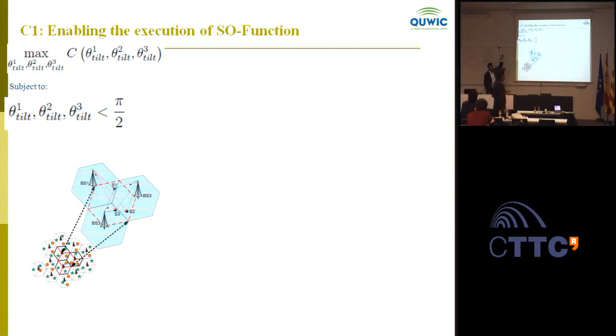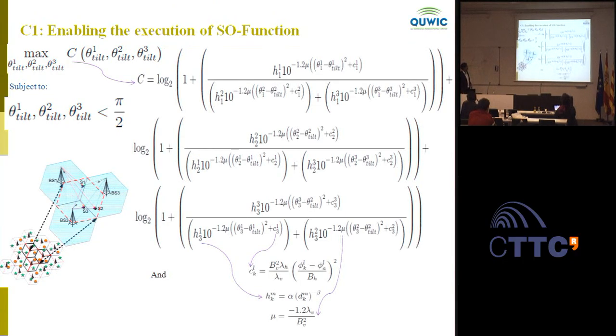So now, unlike the actual problem, our problem is tilt optimization over a triplet only, each triplet, and this is constrained. This is how it would look even for 3-cell triplets.